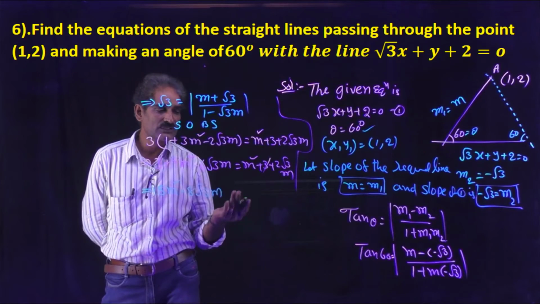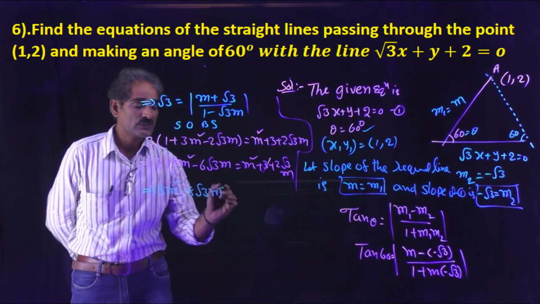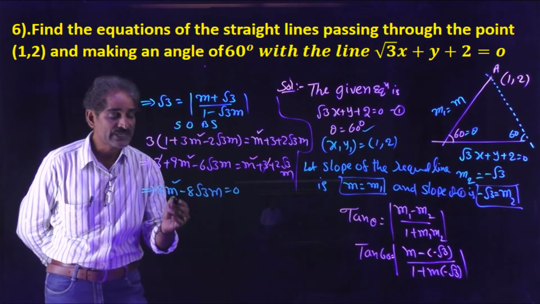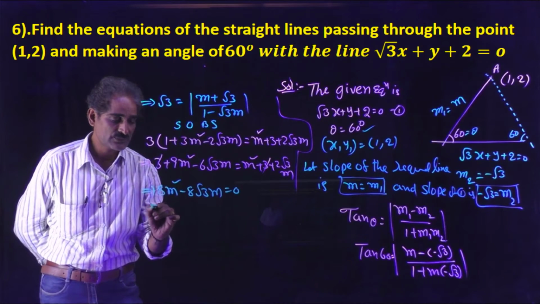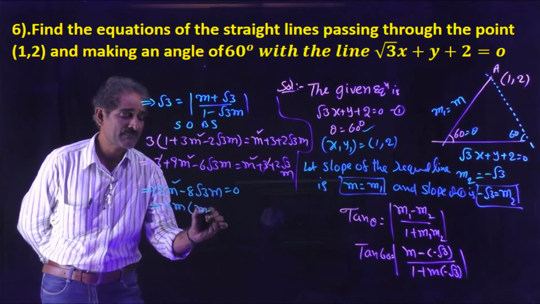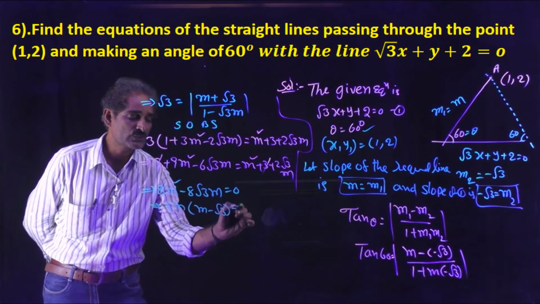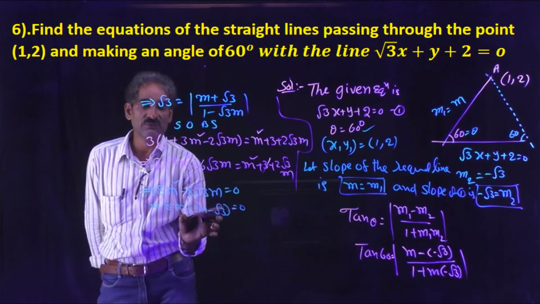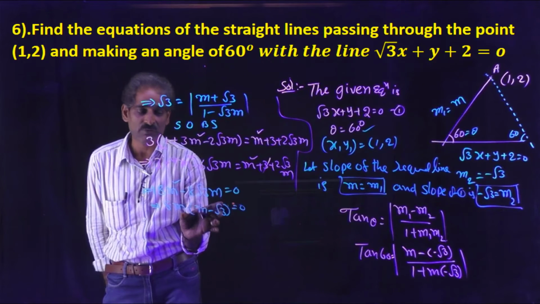And what about the constant? There is no constant. So from this we can take 8m common. This implies 8m into (m minus root 3) is equal to 0. From this we will get two values for m. This is in the form of xy equal to 0, so either x equal to 0 or y equal to 0.